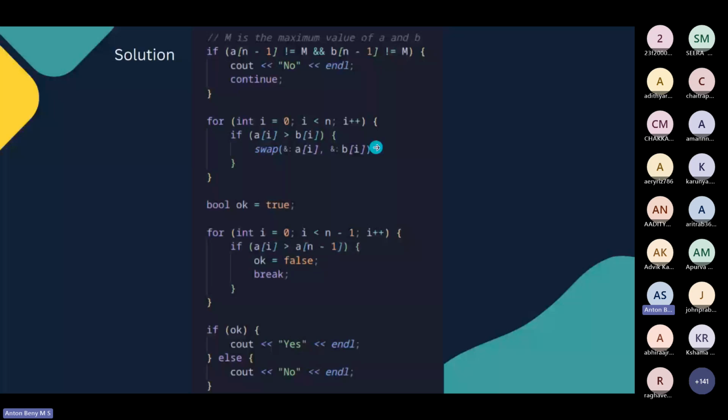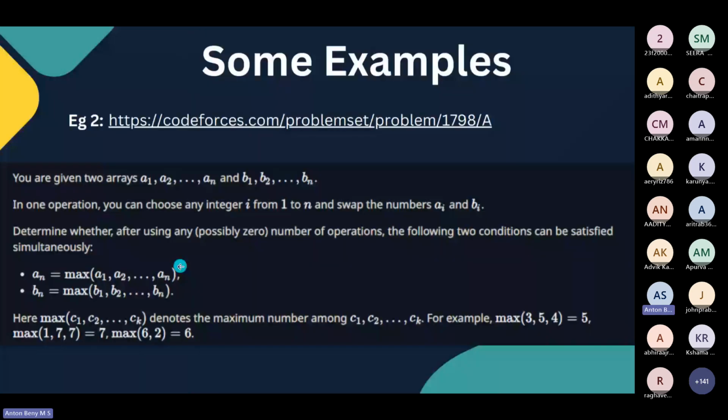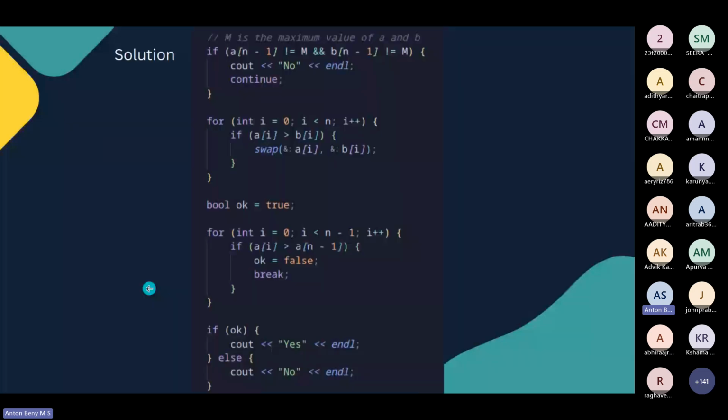And the condition is that the last element in B has to be the maximum among the elements in B. So now we are checking array A. This is where you'll check if this element in A is greater than the last element in A. A[n-1] will be the last element in A, and A[i] will be A[0], A[1], A[2], and so on until the second last element.